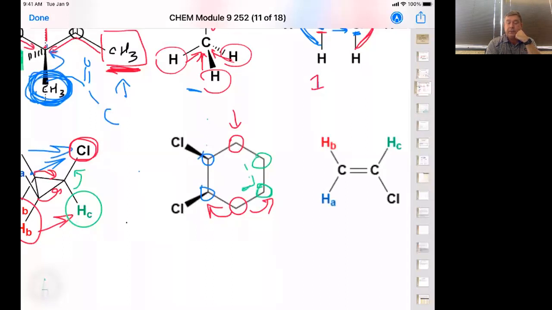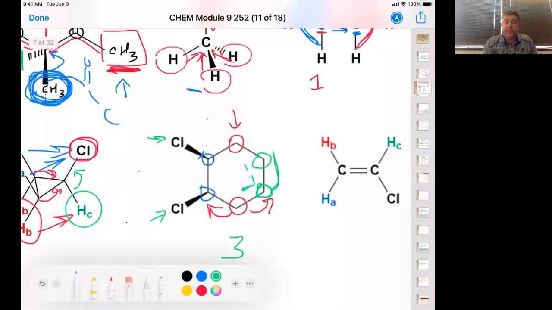So these 2 are going to give rise to a single peak. And because of the way these are configured, I think that we're going to end up with a total of 3 peaks for this one. And if we think about it, that's going to be going back and forth between the 2 different chair configurations, because we have them both on the same side. So that should be it.